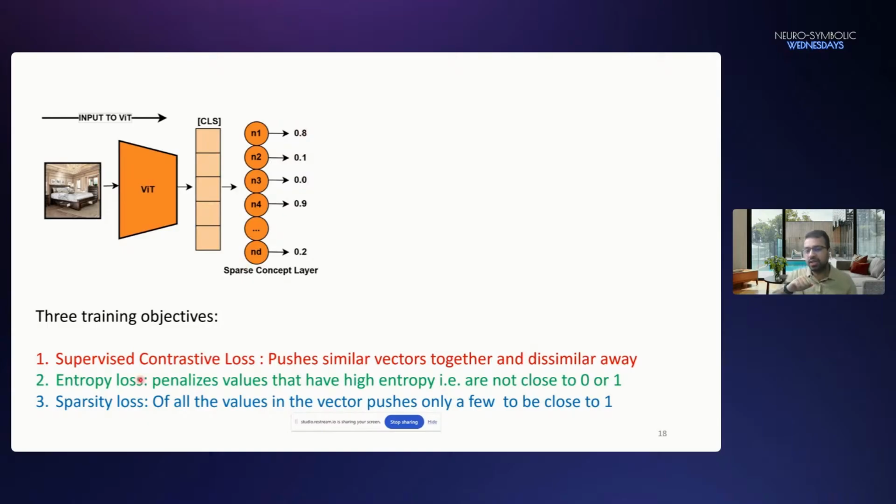And we also added the sparsity loss, which means that every vector that is generated should have as few neurons active as possible, such that we have very few concepts that would represent a particular class, which is what we want, so that our overall rule set size remains as low as possible.